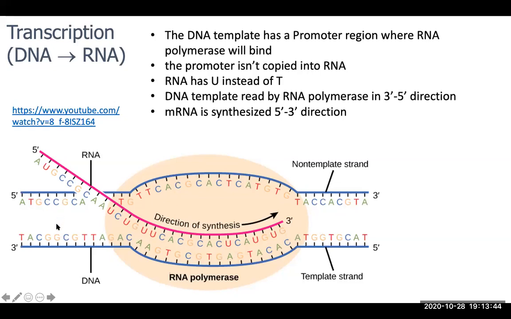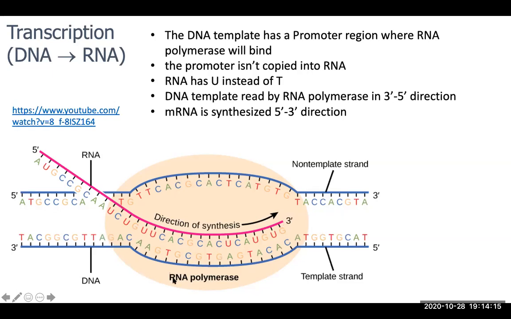So this would be the template strand, and it's being read 3' to 5'. And as the polymerase goes down the template strand towards the 5' end, it's adding in complementary base pairs to synthesize the RNA, and that RNA is going to be 5' to 3'.